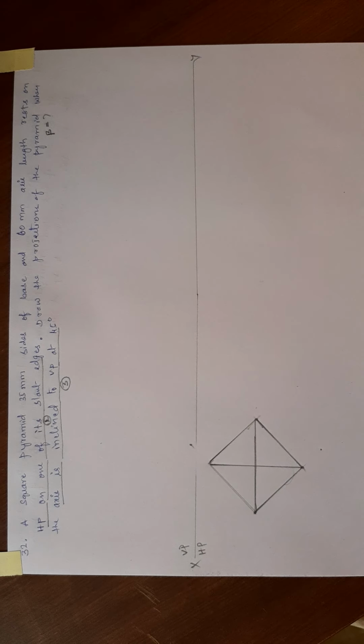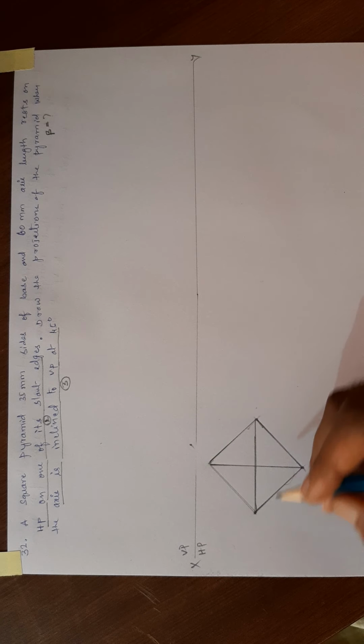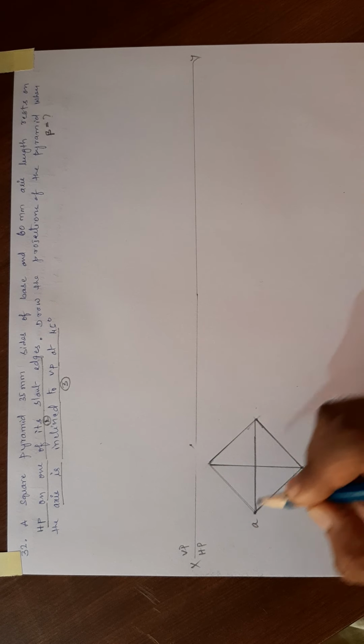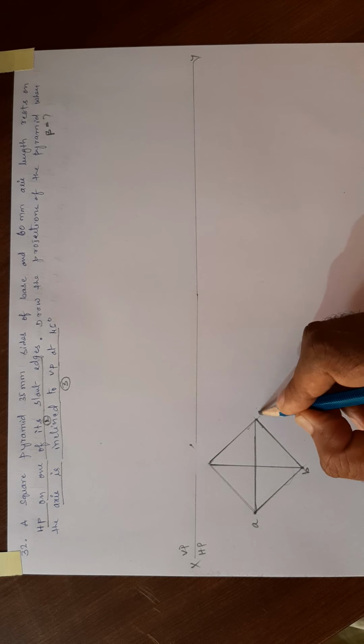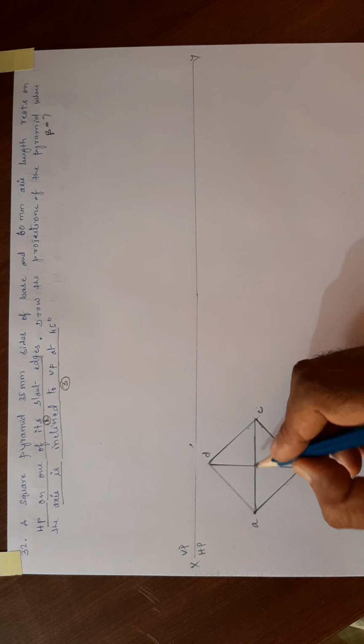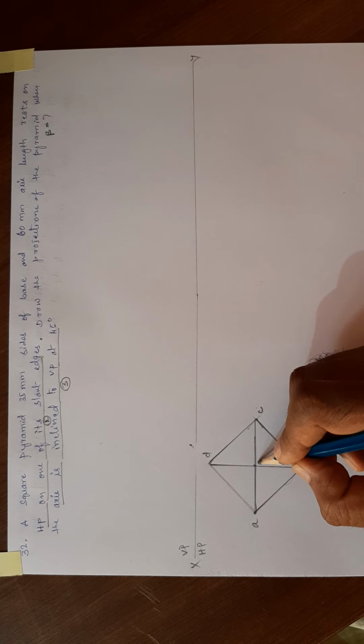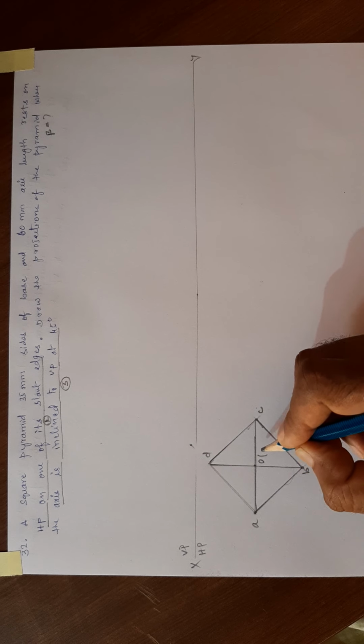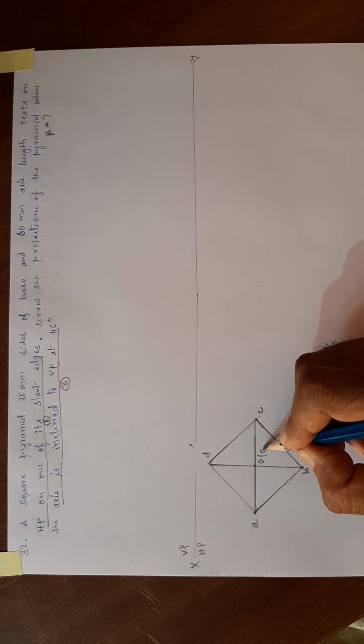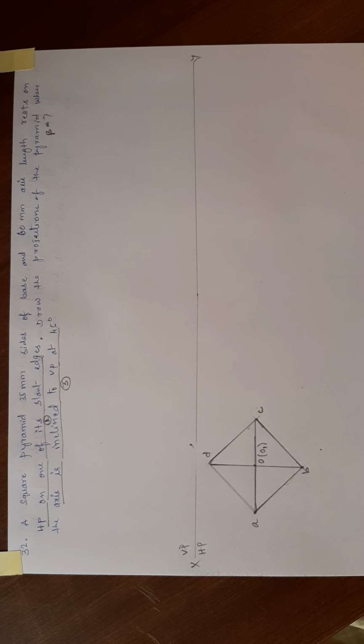So in the top view, all 4 corners and all 4 edges are visible. We will mention them as A, B, C and D, and the apex is O1. The bottom base center is O1, which is invisible, so it is in brackets.